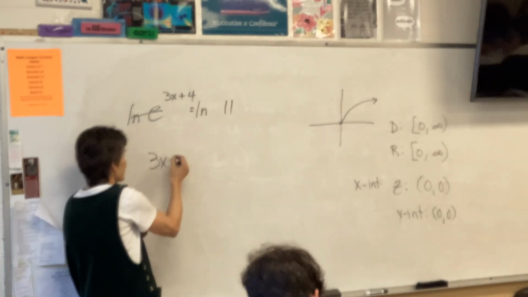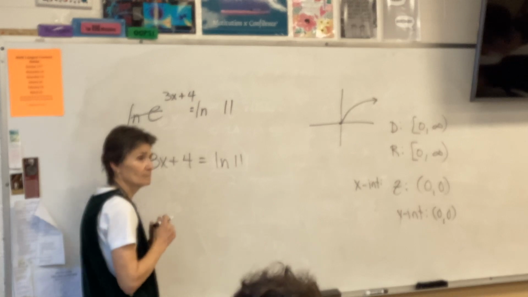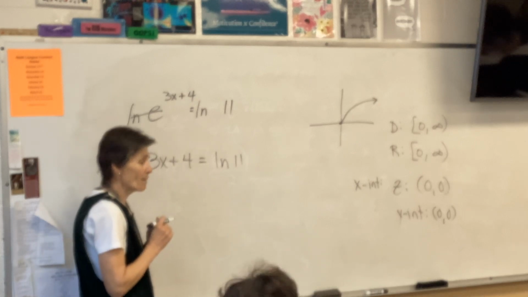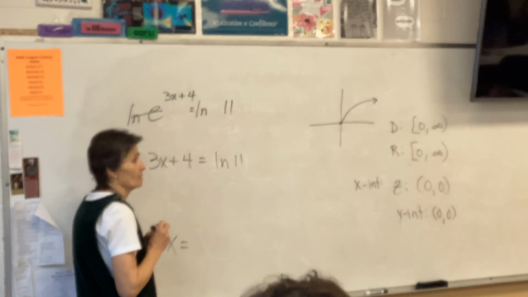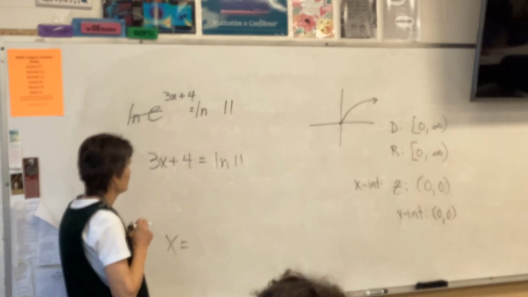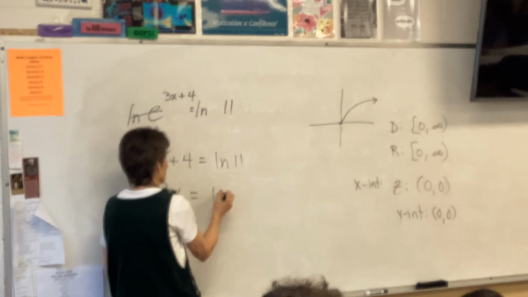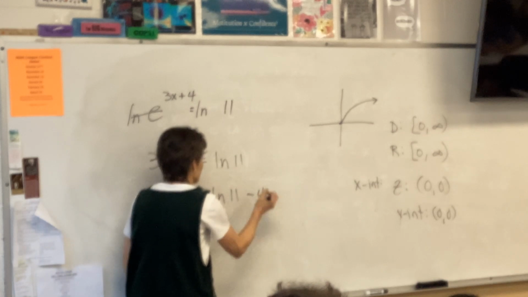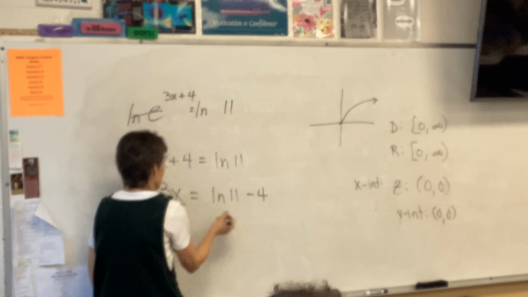So 3x plus 4 equals ln 11. Now remember, you're solving for x. So what are we going to have to do? Subtract the 4. And then divide by 3.